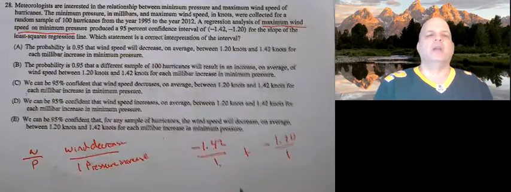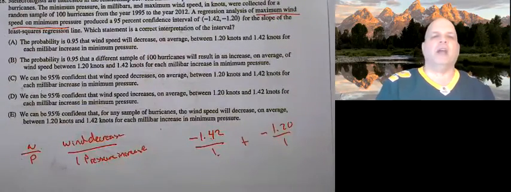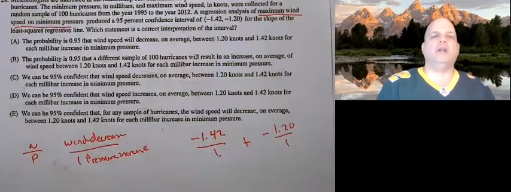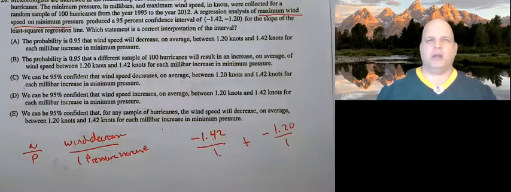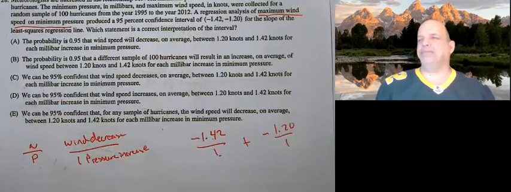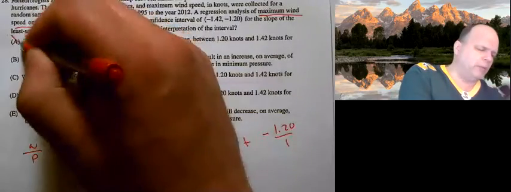The probability is 0.95 that the wind speed will decrease. And we really don't like the word probability, okay? I know that showed up one time, but that's really a bad answer. So we really don't like probability.